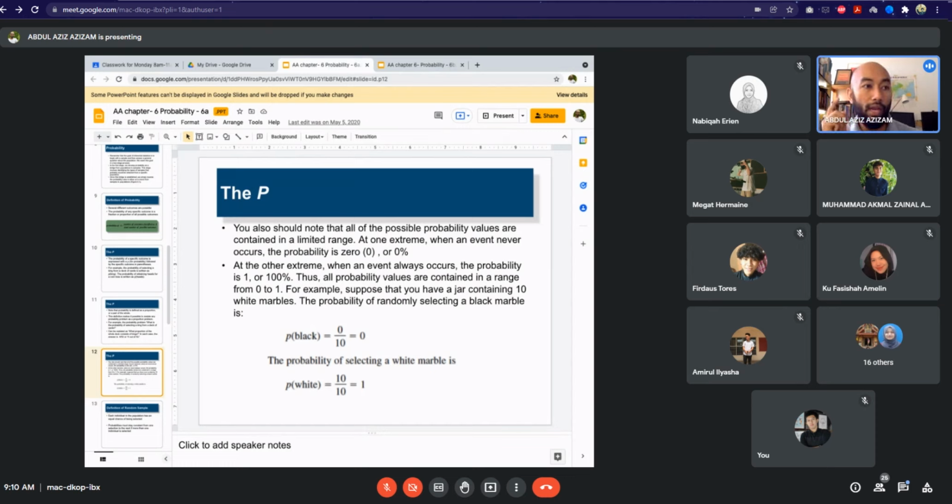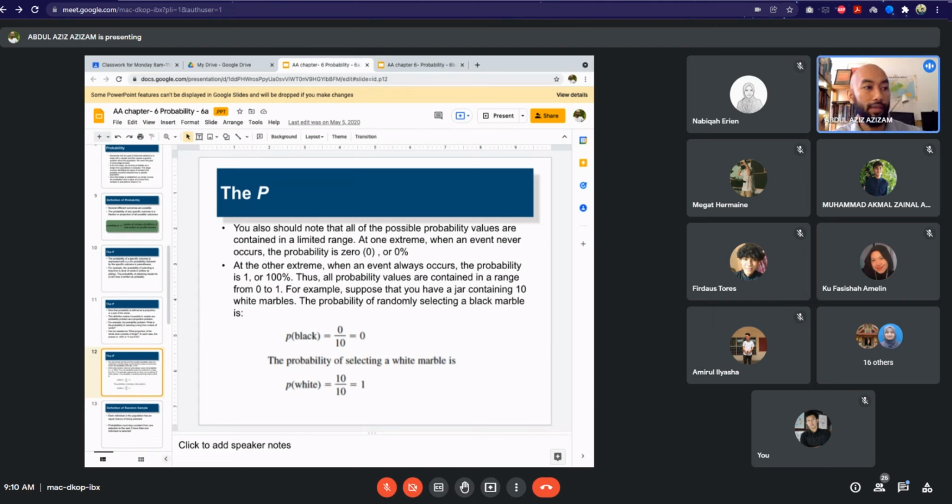Okay, but what about the probability of selecting a white marble in the white marble jar? So it's going to be 100%.